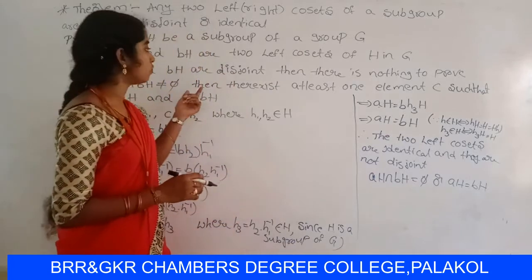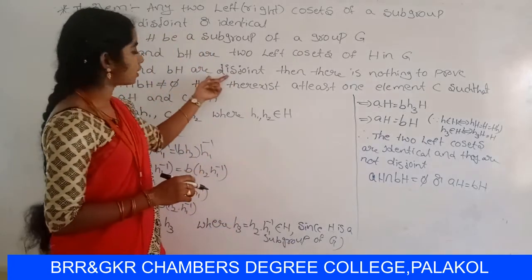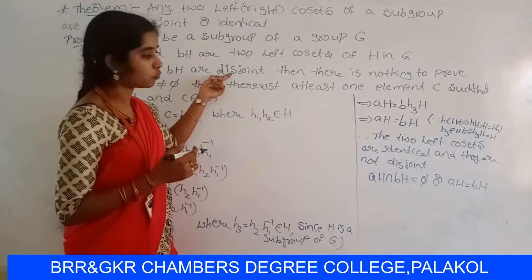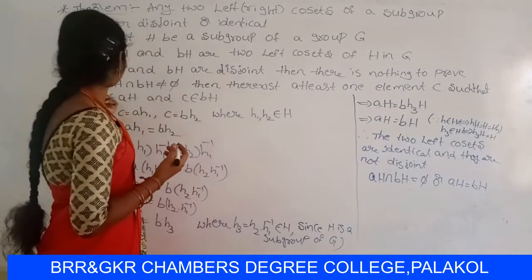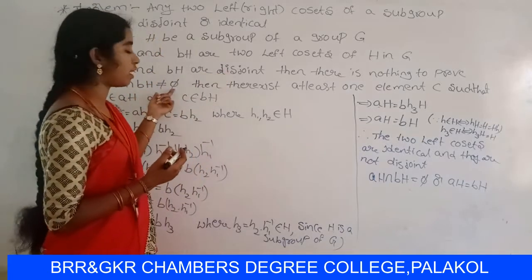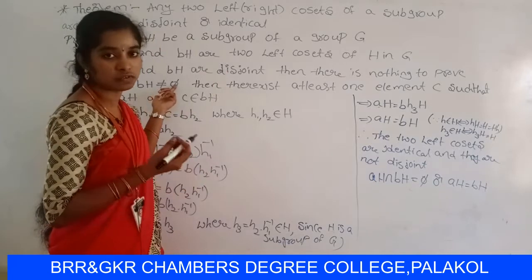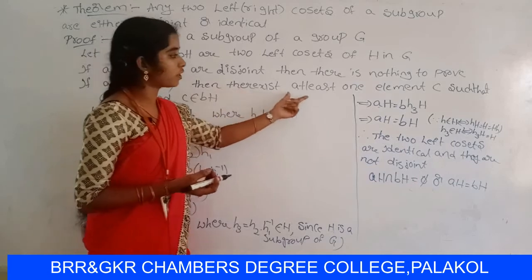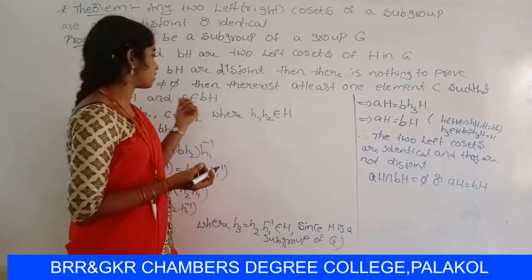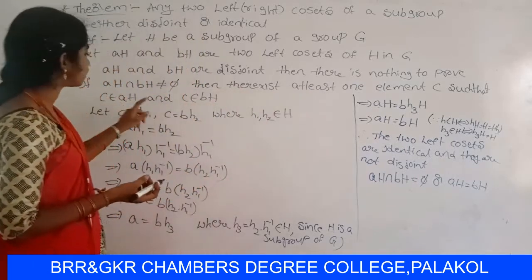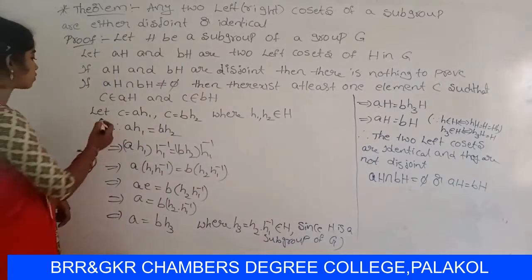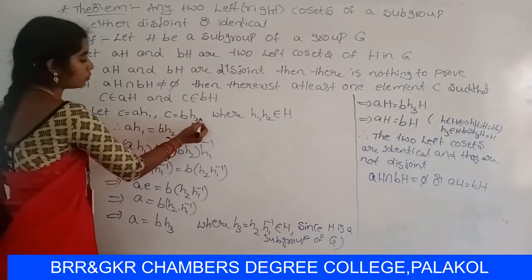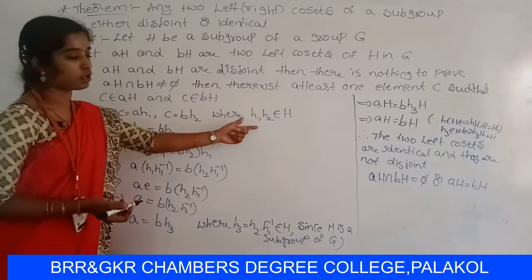So consider them not disjoint, and we have to prove they are identical. So AH intersection BH is not equal to phi, meaning at least one element. Then there exists at least one element C such that C belongs to AH and C belongs to BH. So let C equal AH1 and C equal BH2, where H1, H2 belong to H.